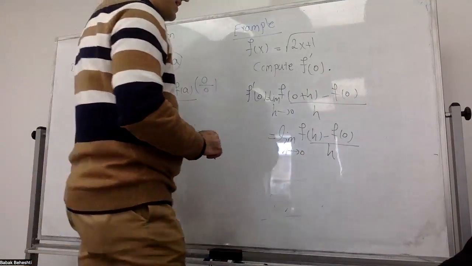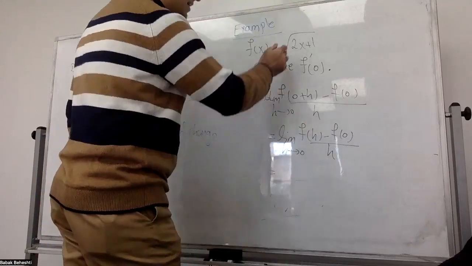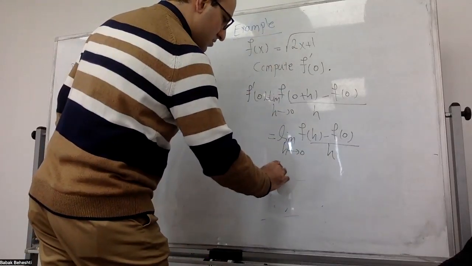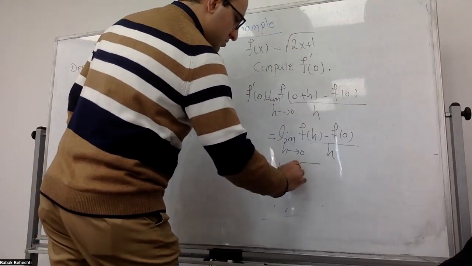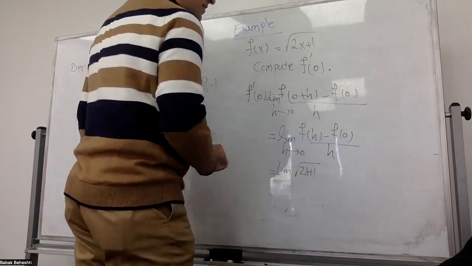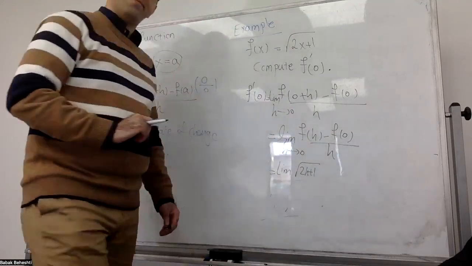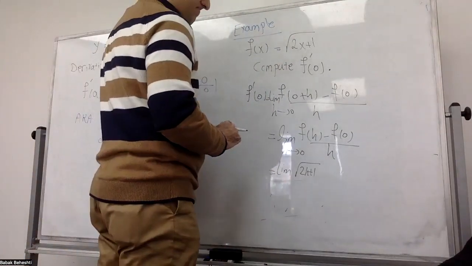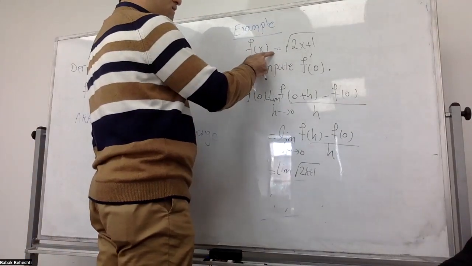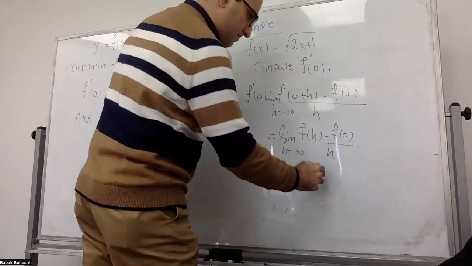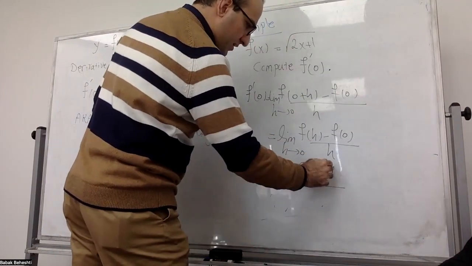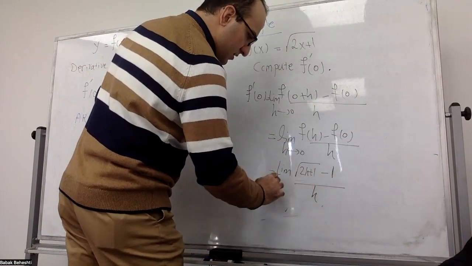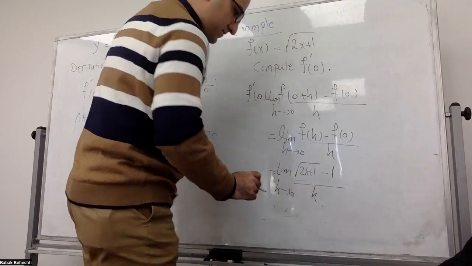Now, what is f of h? f of h is root 2h plus 1. What is f of 0? It is 1. So we have root 2h plus 1 minus 1 over h, and h goes to 0.